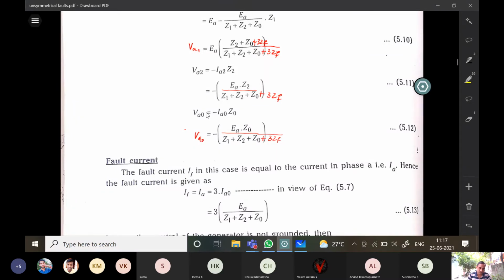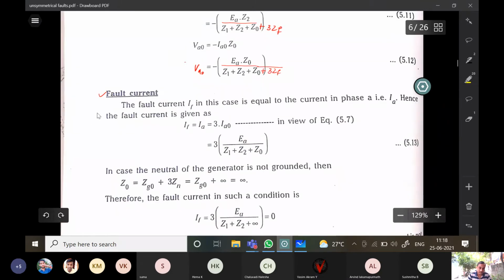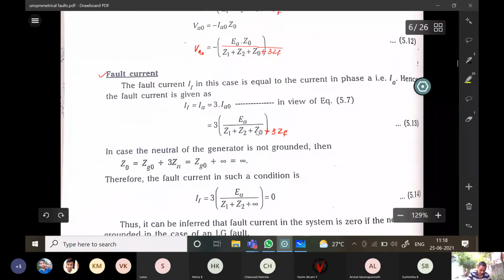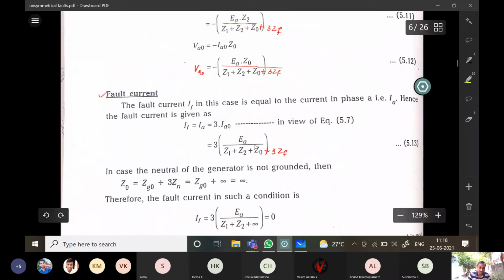Finally we can calculate the fault current. In this case, IF is equal to IA, which is equal to 3 times IA0. So what is 3 times IA0 here? It is 3 times EA by Z1 plus Z2 plus Z0 plus 3 times ZF. This is your alternate IF.